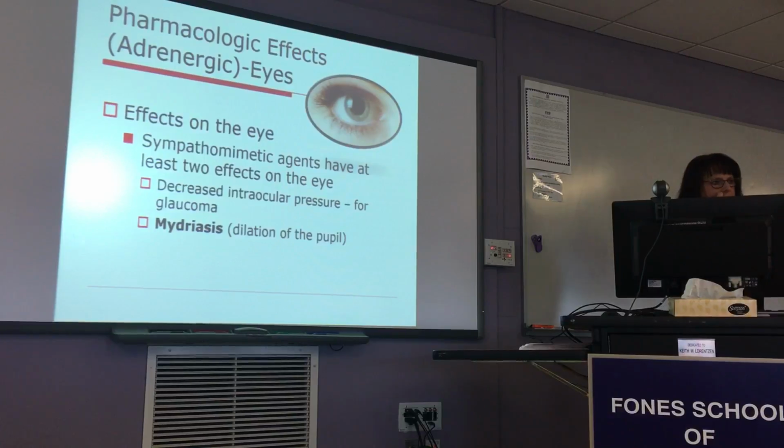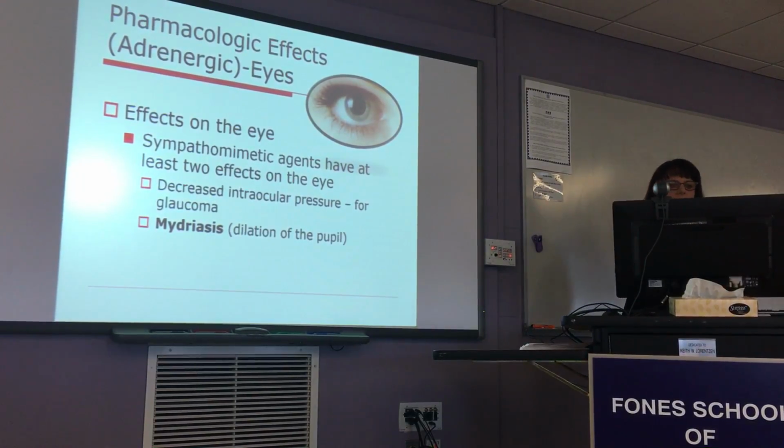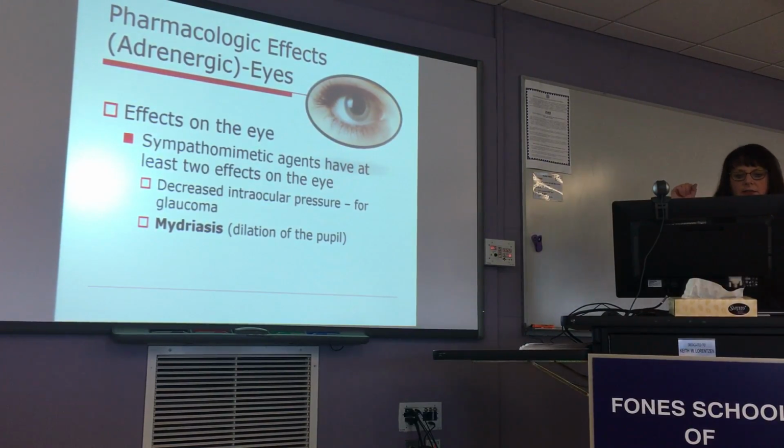How about on the eyes? We already knew that the parasympathomimetic effect was miosis, constricting the pupils. So the sympathomimetic agents can cause dilation of the pupil and decrease the intraocular pressure for people with glaucoma.